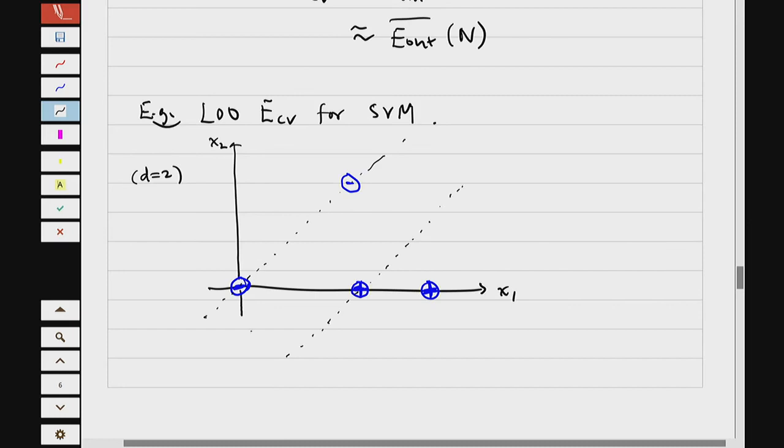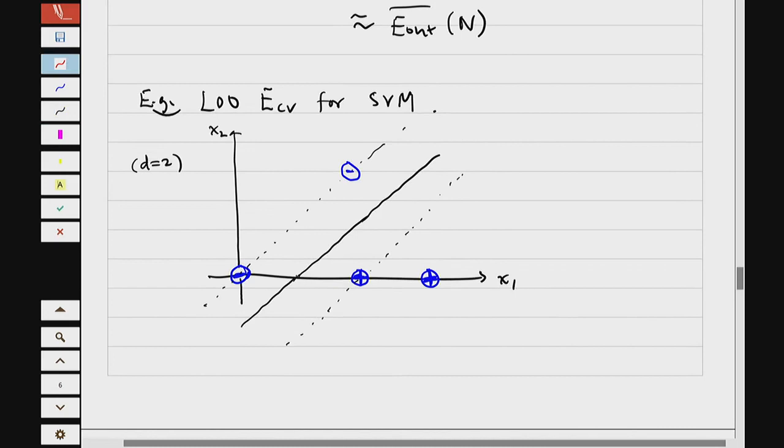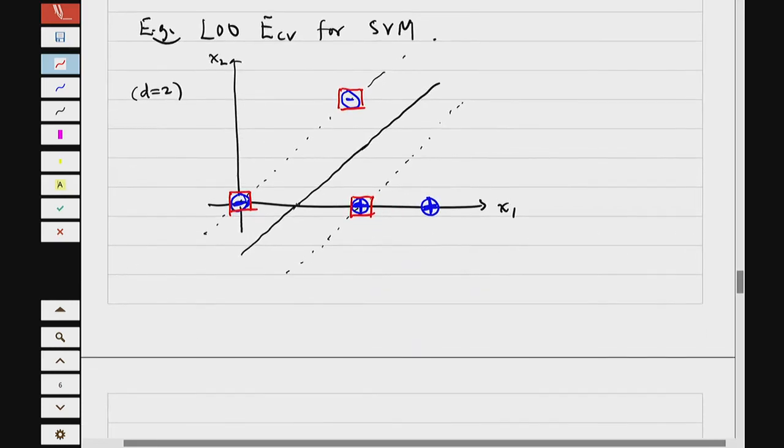That's our margin, and the line, of course, is right in the middle. That's the boundary. That's the SVM solution. And we know that the ones that sit on the margin, all three of them, are necessary to hold the margin in place. So they are the support vectors.